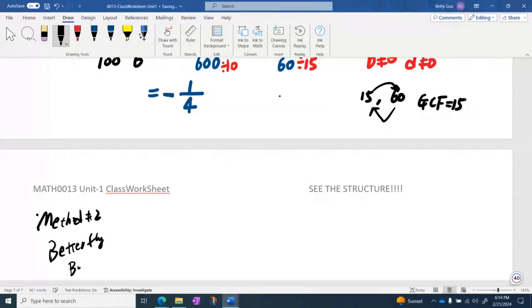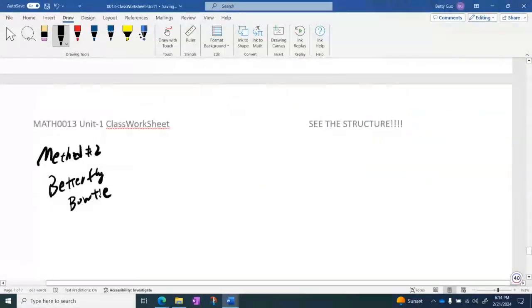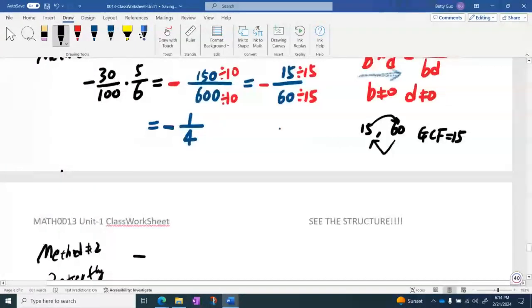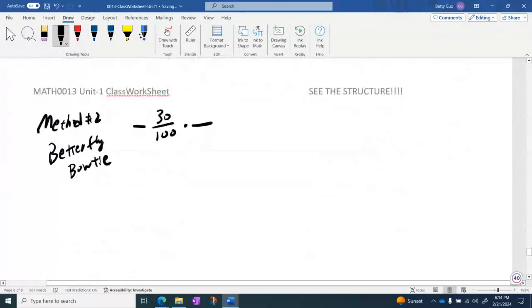I sometimes call that bow tie method, simply because of the shape of the expression. So we have a negative 30 over 100 multiplied by 5 over 6.